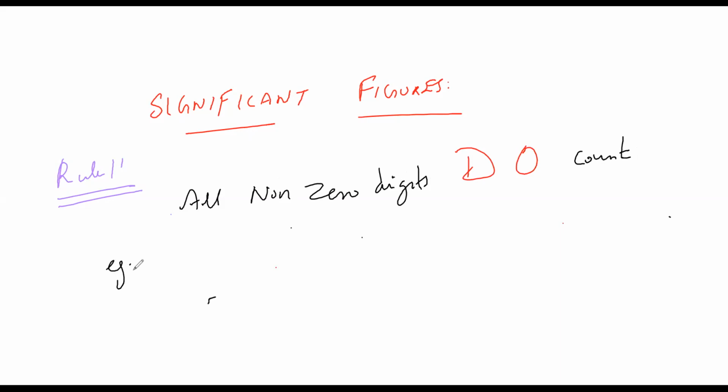Example, if it is given 24, what is the number of significant digits in this? 2. 3.56, it is 3. So please copy down this first, and once done, let me know. This is rule number 1.